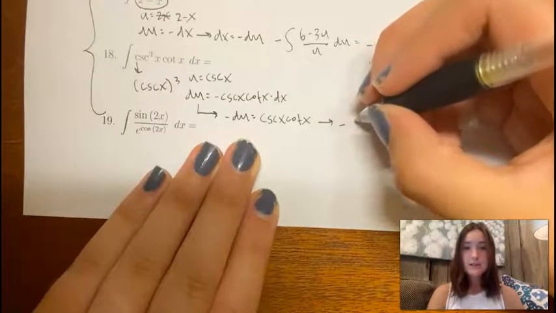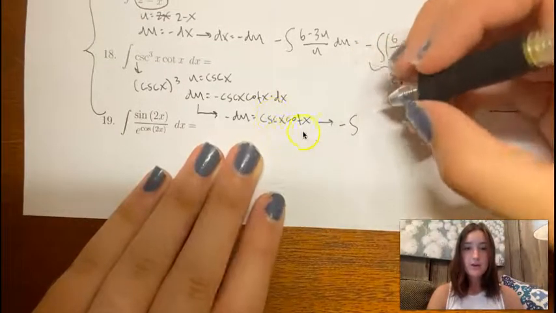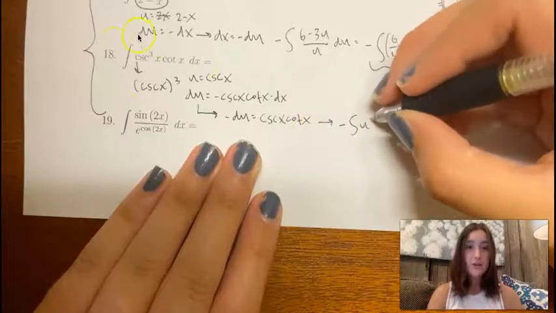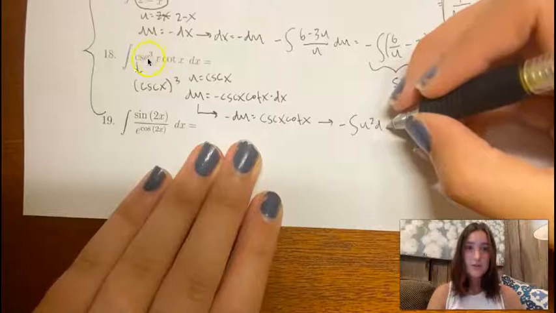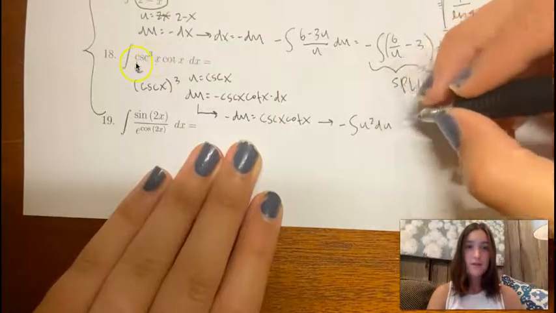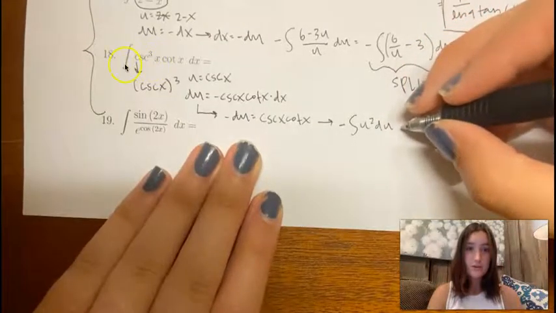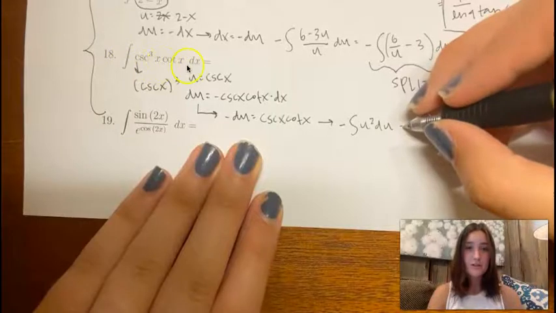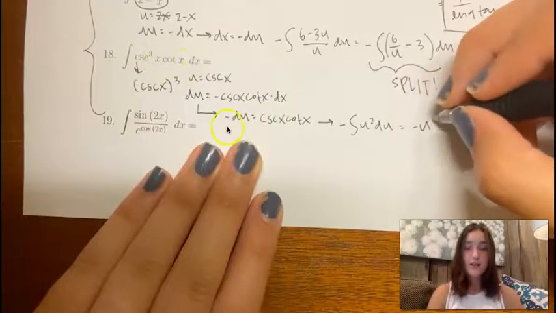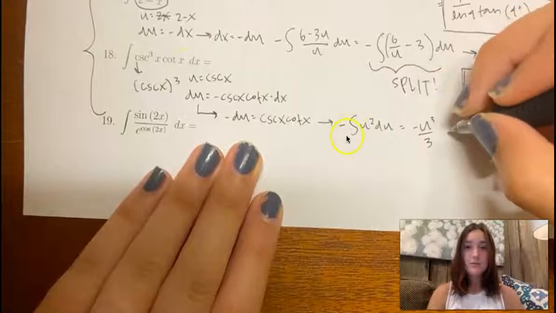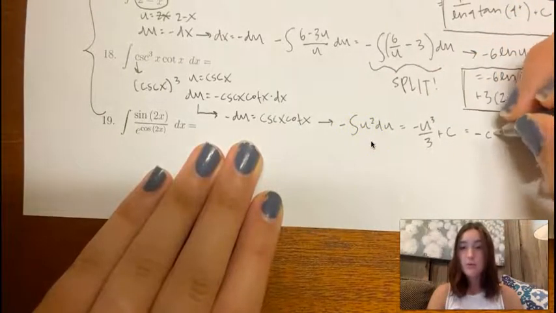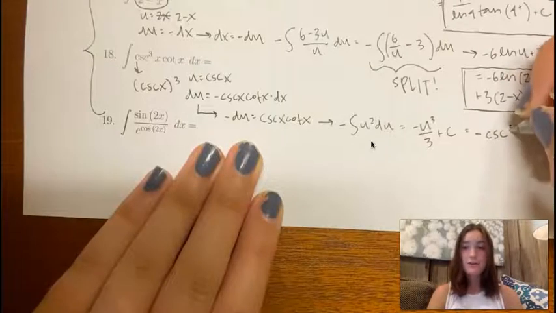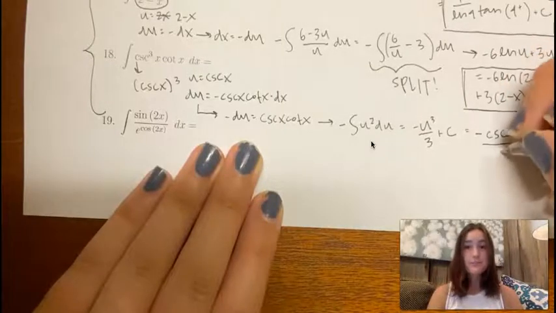So as you can see, that cosecant x cotan x is actually going to cancel with some of the stuff in here, not all of it. You're still going to be left with a squared right there, but the cosecant x cancels with one of those cosecant x, and then the cotan x cancels. You've got to hold on to that negative, don't forget that, and then you'll be left with negative integral u squared du. Use the power rule when you integrate that, and don't forget your plus c as always.